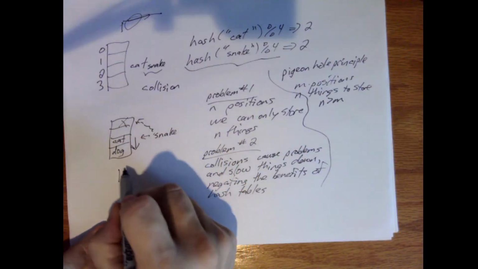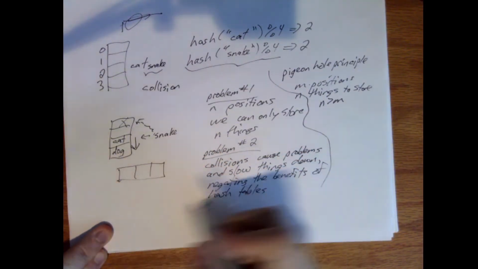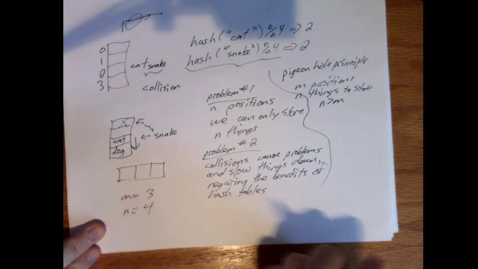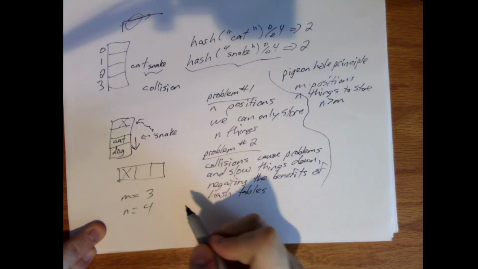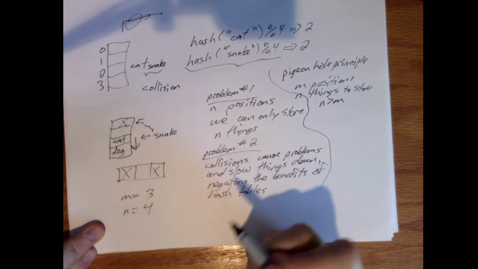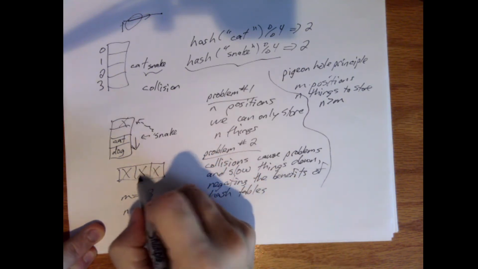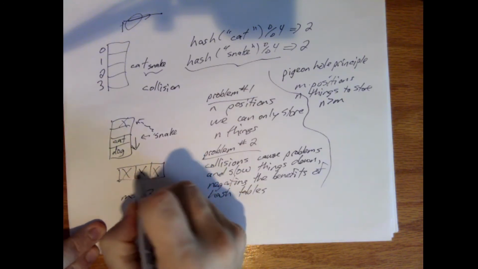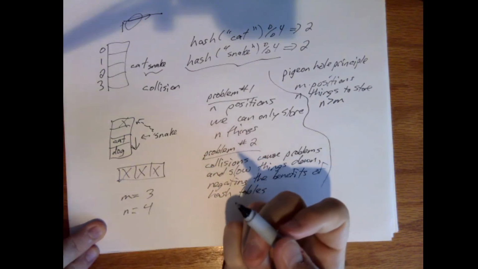What does that look like? So here I have M equals 3, and let's say N is equal to 4. Maybe I store something here, then the second thing here, then the third thing goes here. So far I haven't had a collision, but what about the fourth thing? It's guaranteed to hit one of these spots.